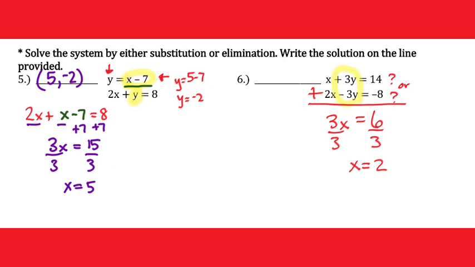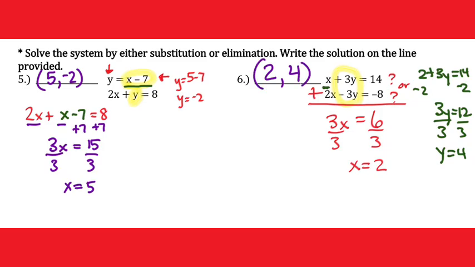I can put in for the first equation or the second. I'm going to choose to do the first one just for fun. You could do the second one. It won't matter. You'll get the same value for y. So when x is 2, plus 3y equals 14, I subtract 2, divide by 3, and I get 4. So the one shared solution is 2, 4.